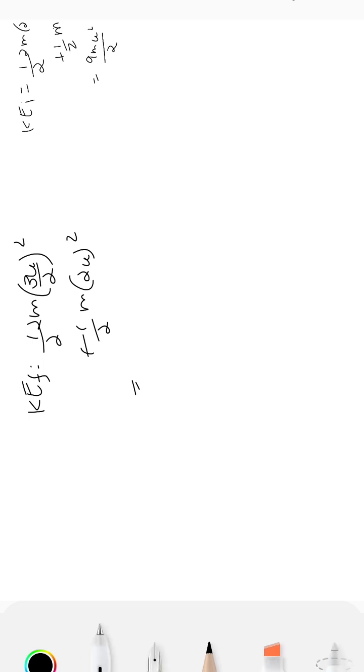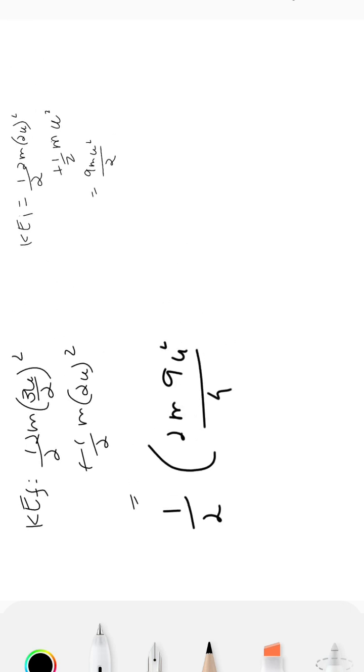So the value will be half into 2m into 9u square by 4 plus 4u square m.